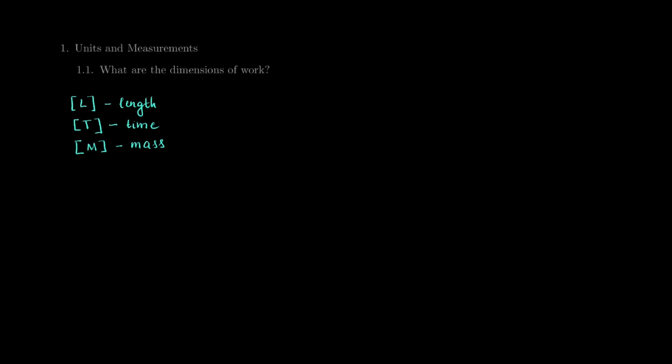Now, to find the dimensions of work, we have to express work in terms of fundamental quantities. Work is a derived quantity. So let's write A as F multiplied by S, where F is the force which is acting on the particle, for example, and S is the distance that particle moves.